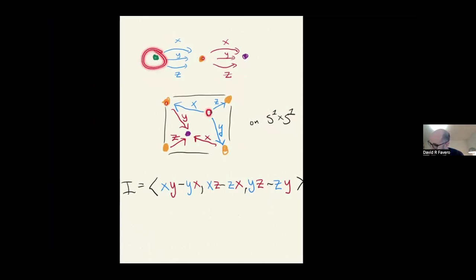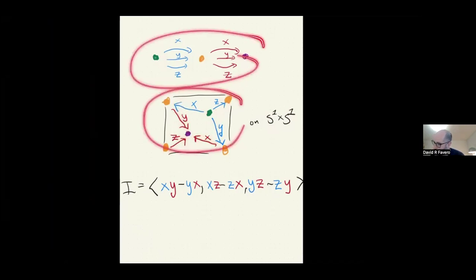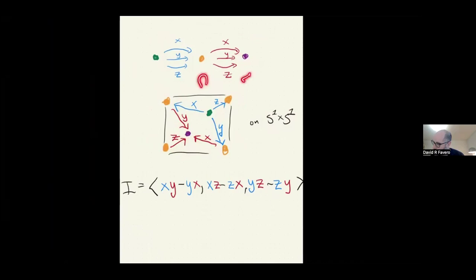The second vertex is drawn 4 times on this torus. The third vertex is somewhere here. Okay. So going out, I have these paths x, y, z, x, y, z. So these are the same thing, right? I've just embedded it in this torus.